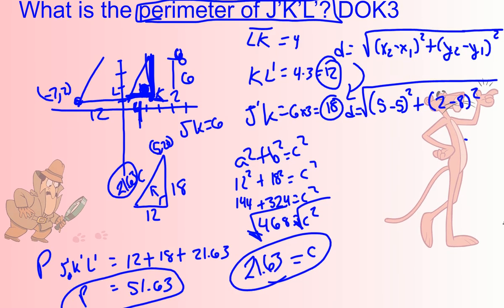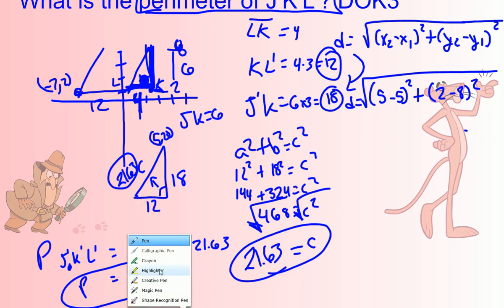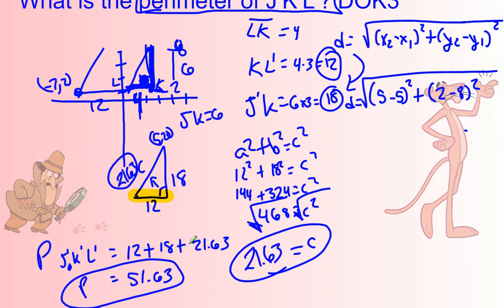Always keep the original question in mind. What is my goal? My goal in the second part was to find the perimeter. So my driving thought throughout this problem, I didn't voice it, I guess I should have, was, I need to find how big each side is so that I can add them together to find the perimeter. So I knew from the first part of the problem that this bottom side was 12.